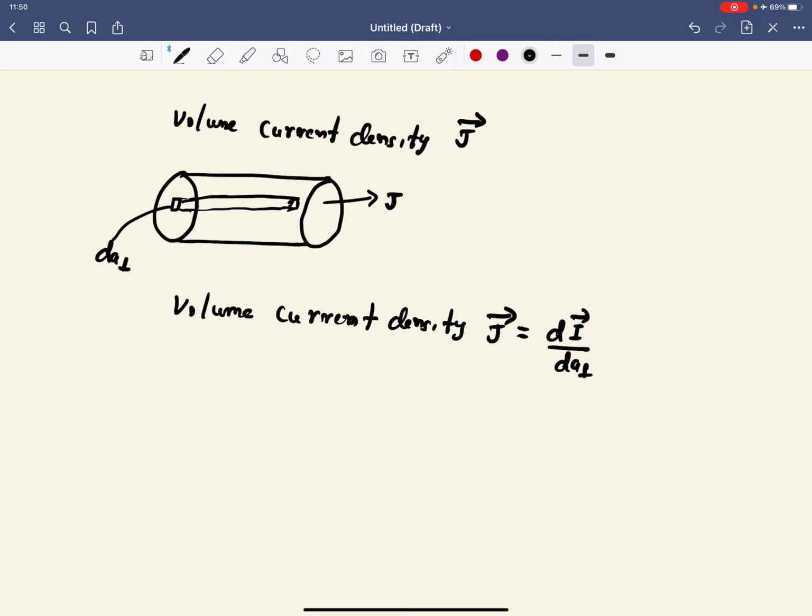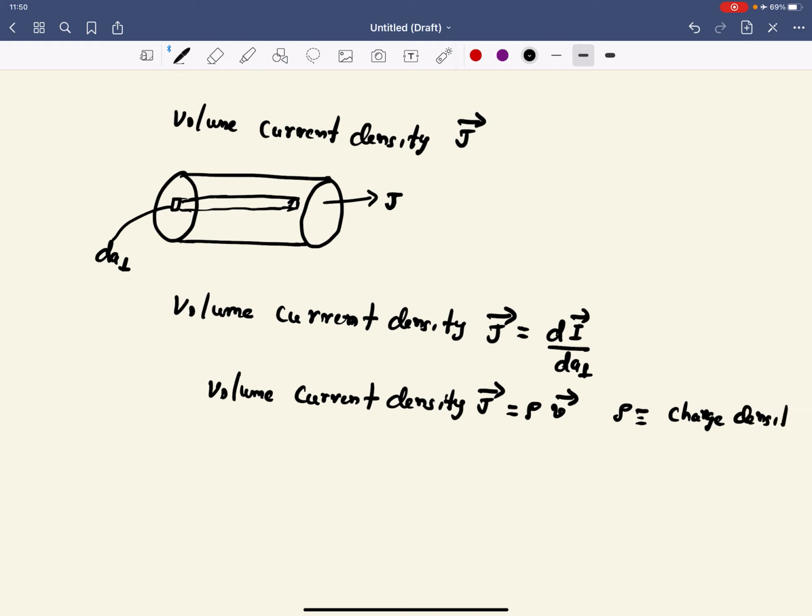Similarly, we can express the volume current density in terms of the volume charge density: J is equal to rho into V, where rho is the volume charge density.